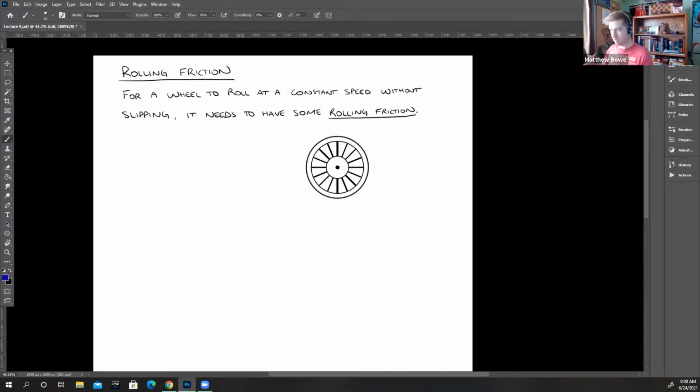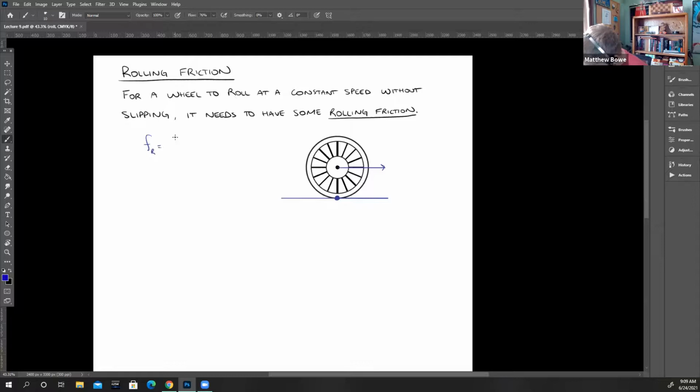If you think about a wheel rolling on the ground, it is fixed at one point on the ground. It gives just enough friction at this point for the wheel to move to the right or left. And this is a different type of friction. It's called rolling friction. We have F, R.